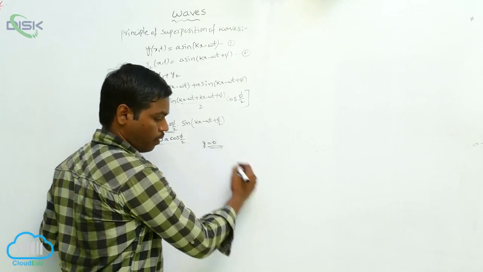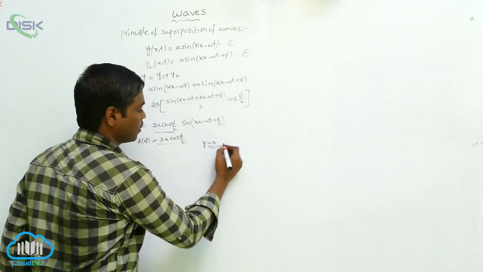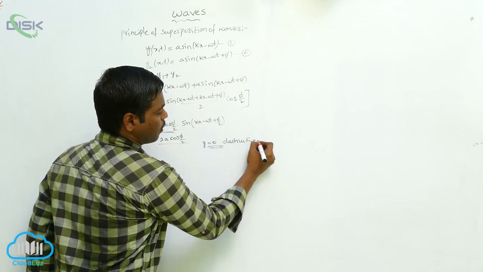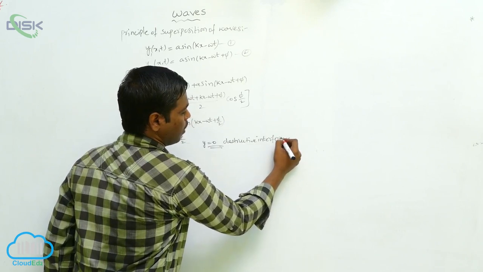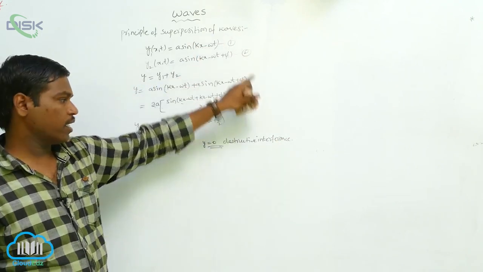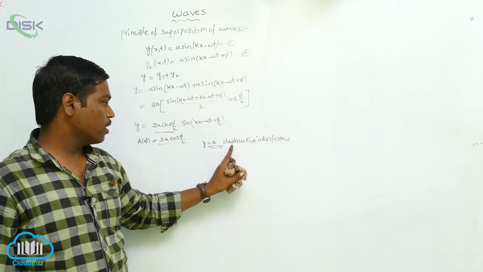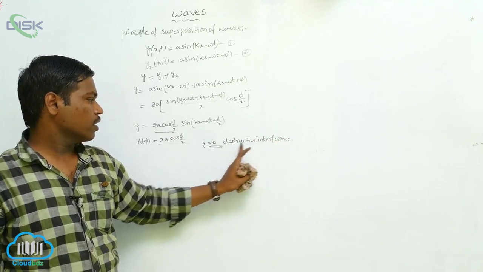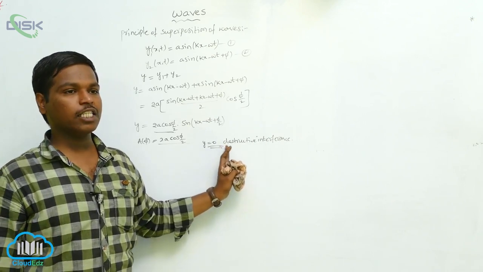When the displacement is 0, we call it destructive interference. In the superposition of waves we get interference, and there are two types: constructive interference and destructive interference. In destructive interference, the resultant displacement is 0.